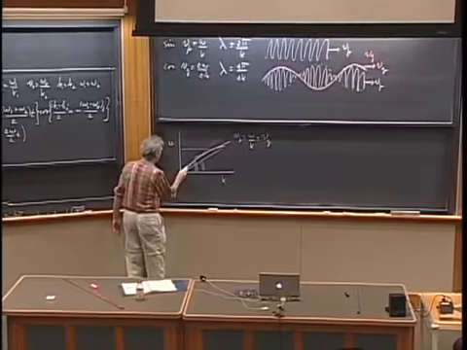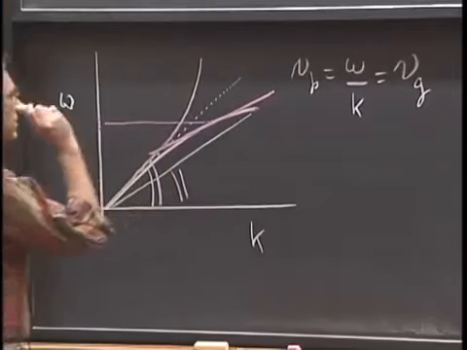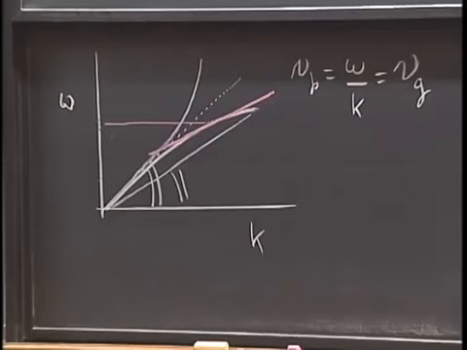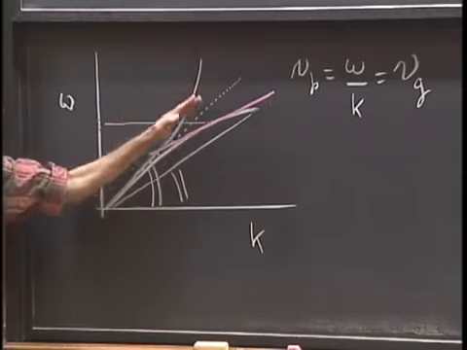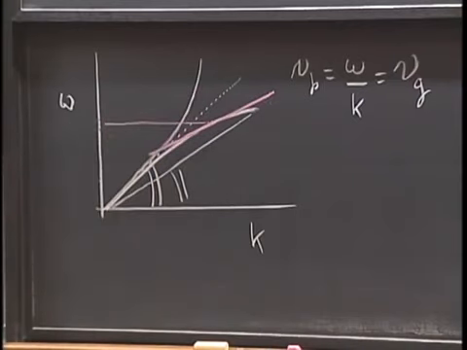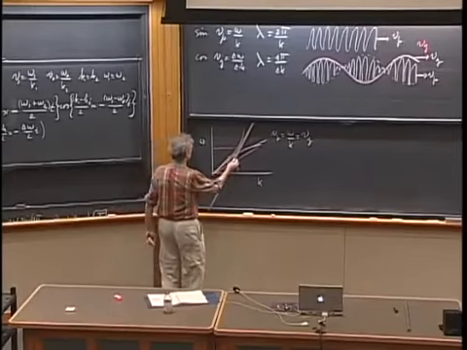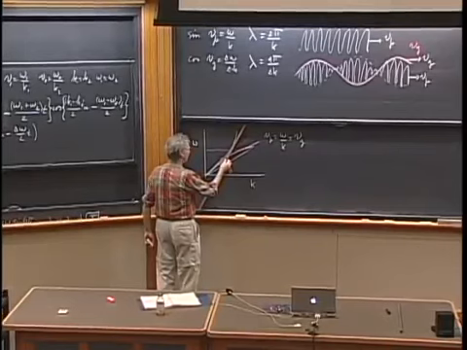Suppose you had an omega-k relationship that goes like this. And you will see today that that's possible. So now you have enough knowledge to tell me that at high frequency, the phase velocity is higher than at low frequency, because the slope is higher. You also can see that the group velocity at high frequency, which is the tangent, is higher than the phase velocity.